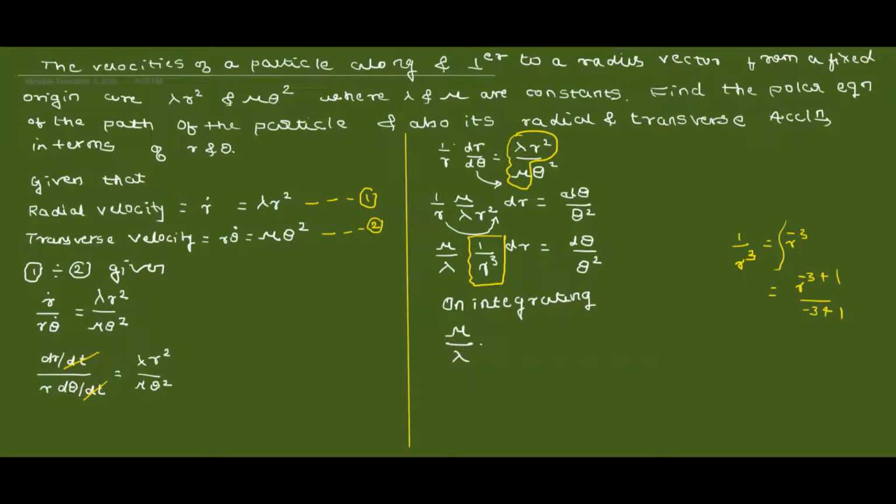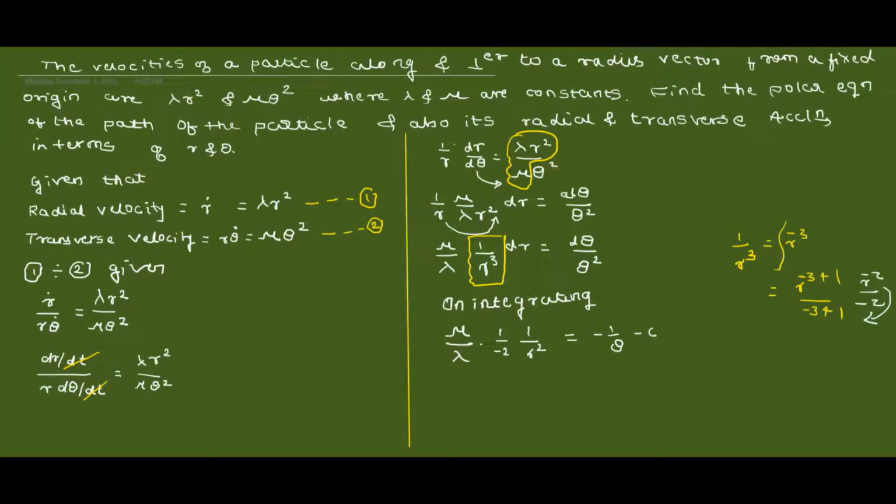So directly I will write, that is 1 divided by minus 2 into 1 divided by r raised to 2, because this is nothing but r raised to minus 2 divided by minus 2. If you transpose r raised to minus 2 to the denominator, you will get 1 divided by r square is equal to, what is the integration of 1 by theta square? The integration of 1 by theta square is minus 1 divided by theta. You can take the integrating constant as minus c.